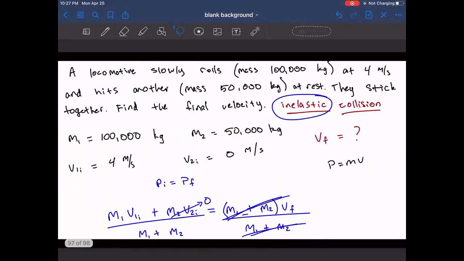What did you get? I got 2.67 meters per second.